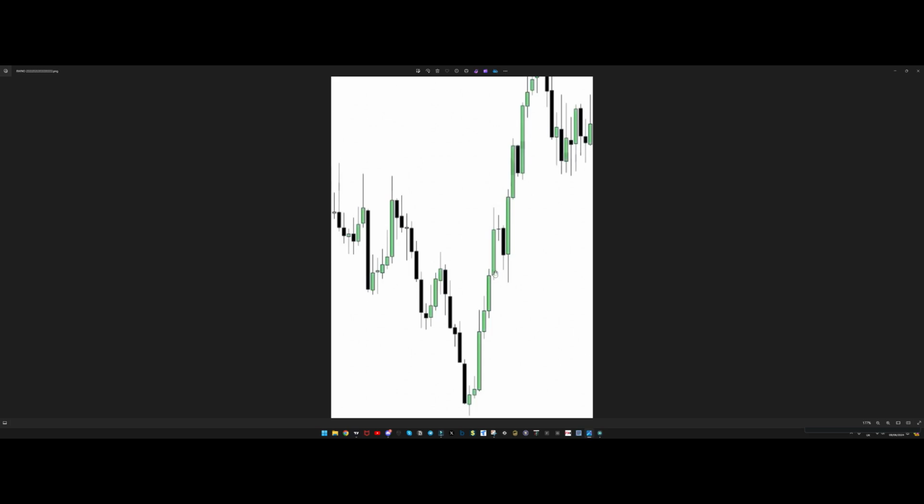Once this displacement candle violates, this is the key, violates aggressively this SIBI, now we're in a buy program. This is a proven buy program.